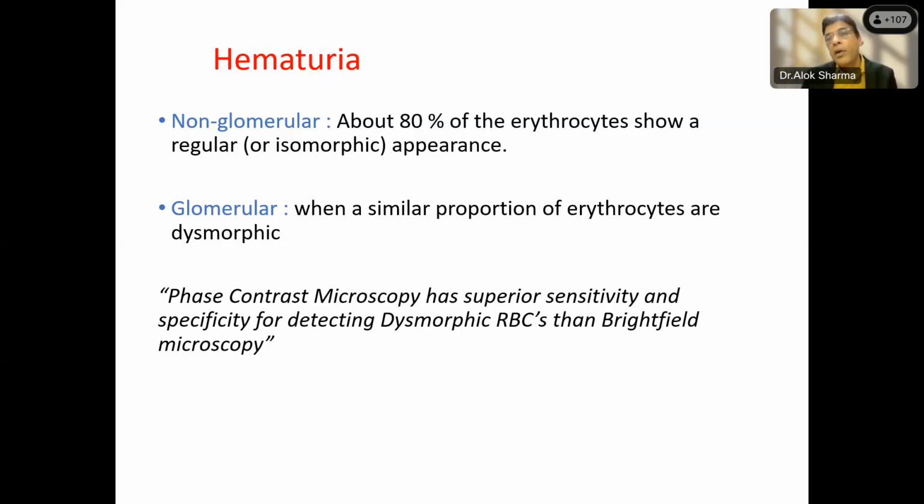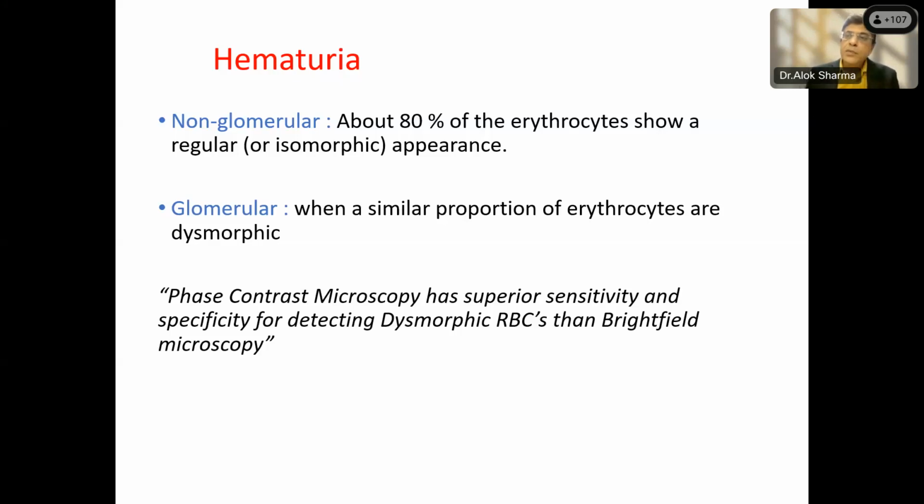It could be a proliferative pathology like infection-related GN and IgA nephropathy, or it could even be because of GBM abnormalities seen in certain patients, or Alport syndrome. These are the conditions which are useful for determining this. We'll come to how you determine them. In this context, I would like to say that phase contrast microscopy is a very useful tool to detect the morphology of RBCs.